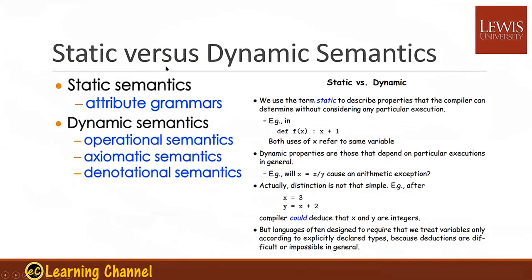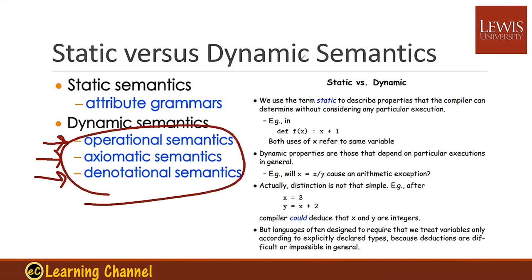So we have static versus dynamic semantics. For static semantics, we have attribute grammars, and dynamic semantics involve operational semantics, axiomatic semantics, and denotational semantics. These are not going to be discussed right here, but there are more rules over there. We use static to describe properties that the compiler can determine without considering a particular execution. So no particular execution is involved.